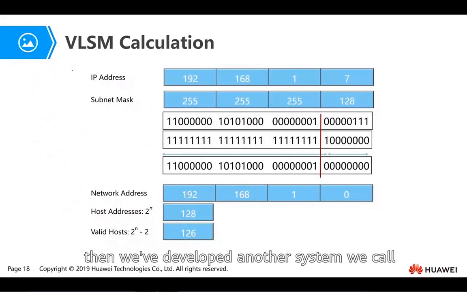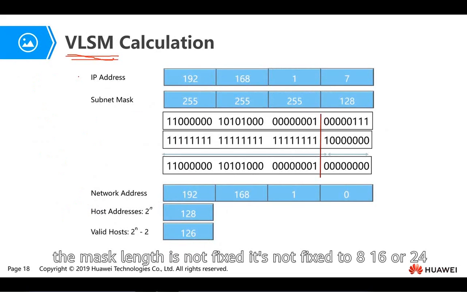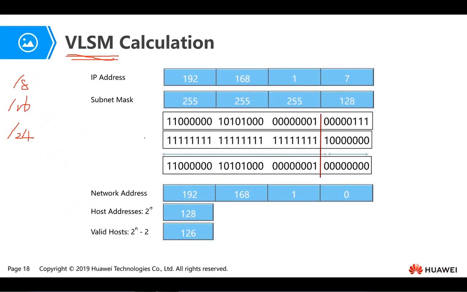So we developed another system called VLSM, variable length subnet mask. That means the mask length is not fixed to 8, 16, and 24. The network mask can be variable.